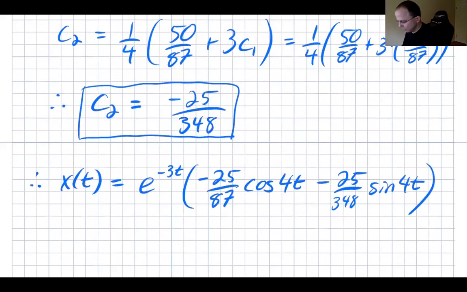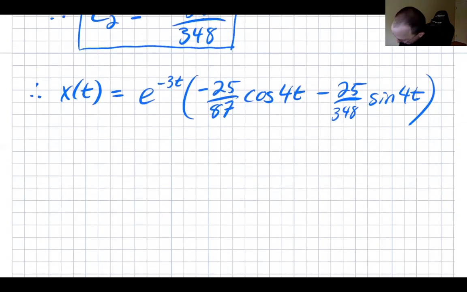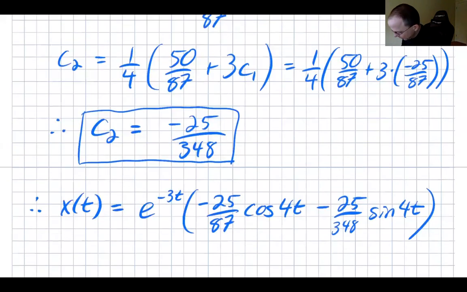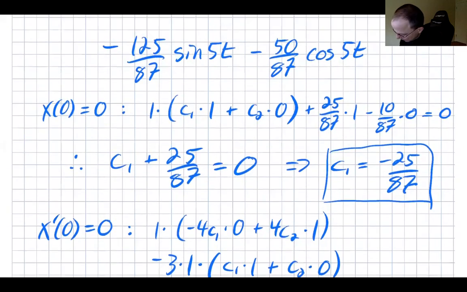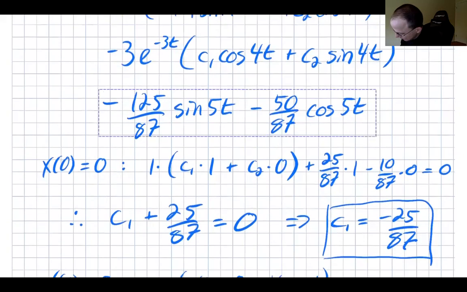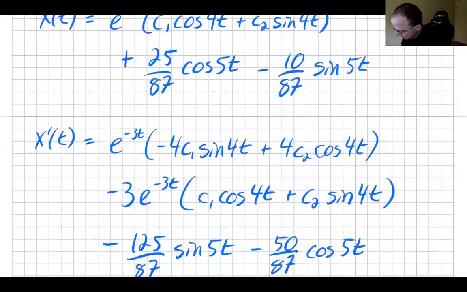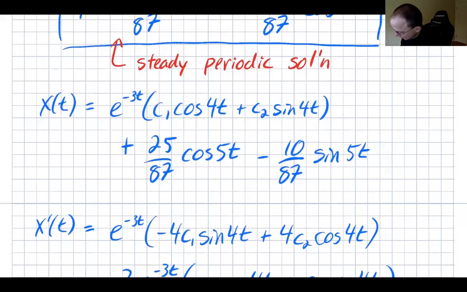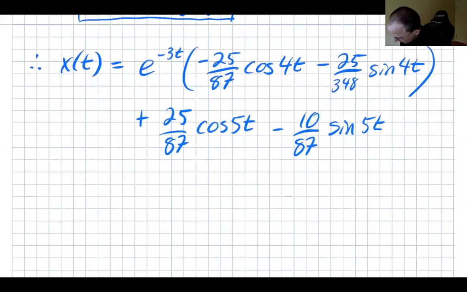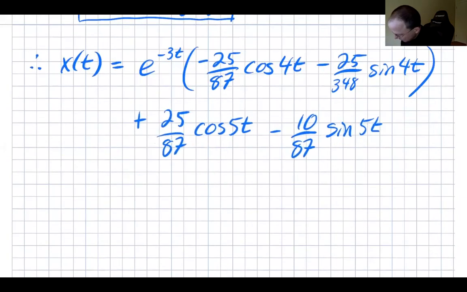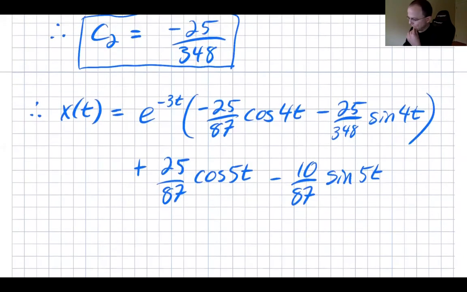So that's our transient solution. And then we have our steady periodic solution, which is given by this. Oh wait, that's not what I wanted. I need to be more careful. Copy that, that's it, right there, and then paste. Okay, so there it is.